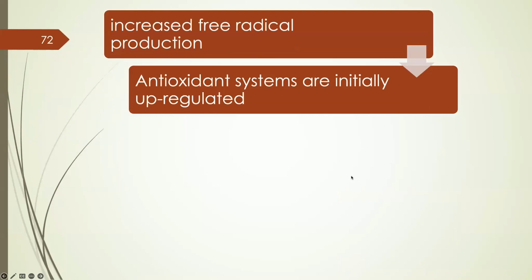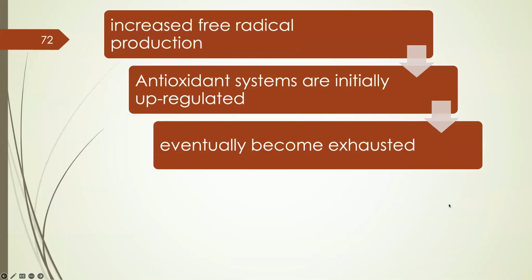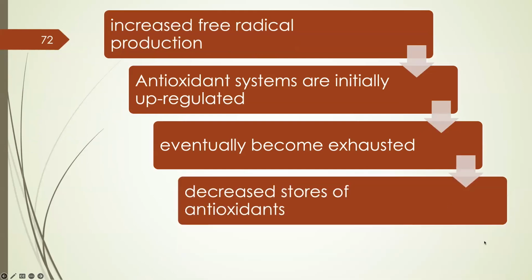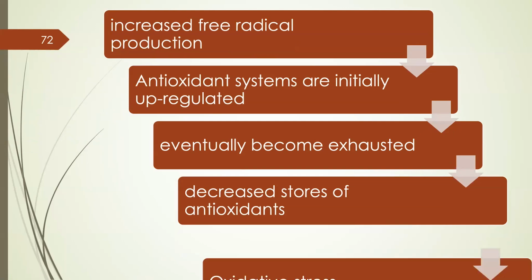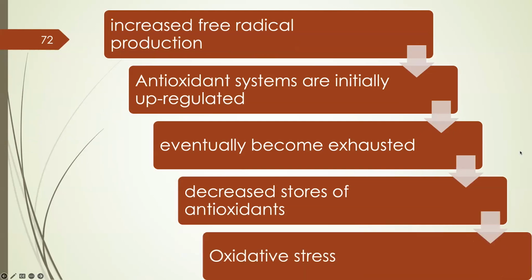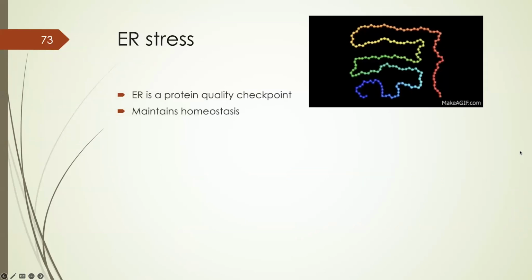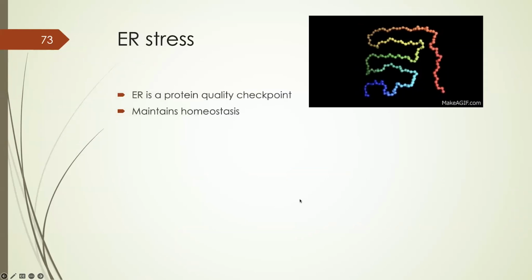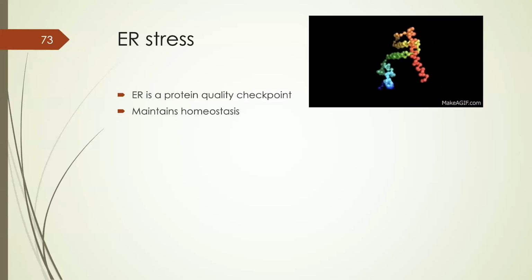So there is increased free radical production, and antioxidants are initially upregulated to take care of that, but eventually, because of the ongoing inflow of fatty acid into the mitochondria, the stores of antioxidants are decreased, leading to oxidant stress. This oxidant stress can also occur in the endoplasmic reticulum.